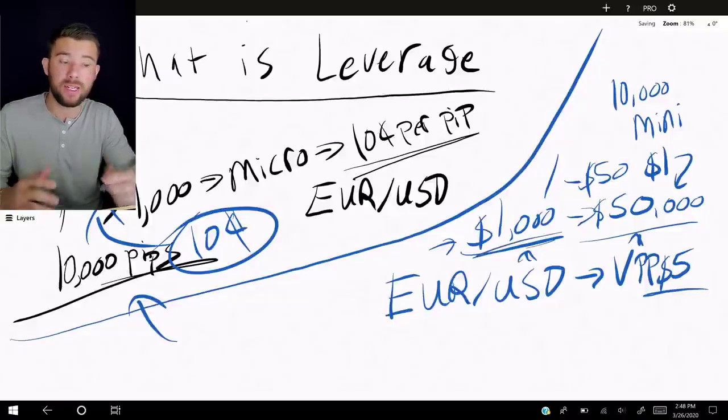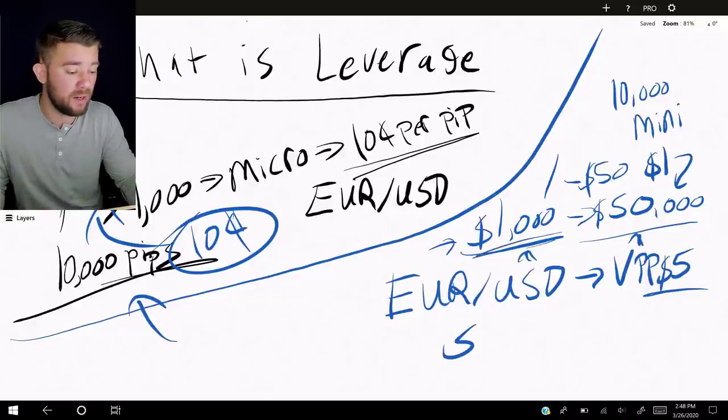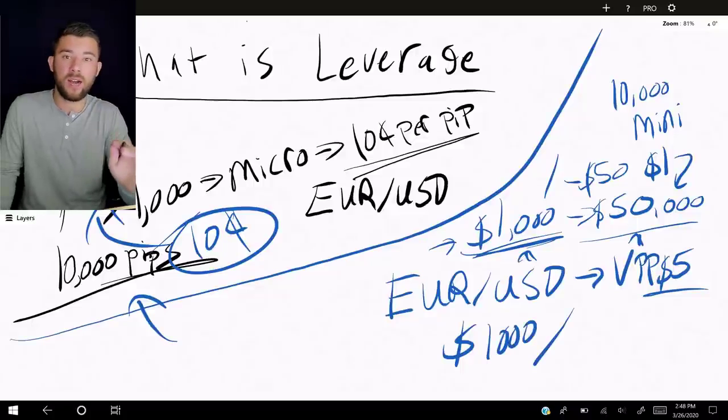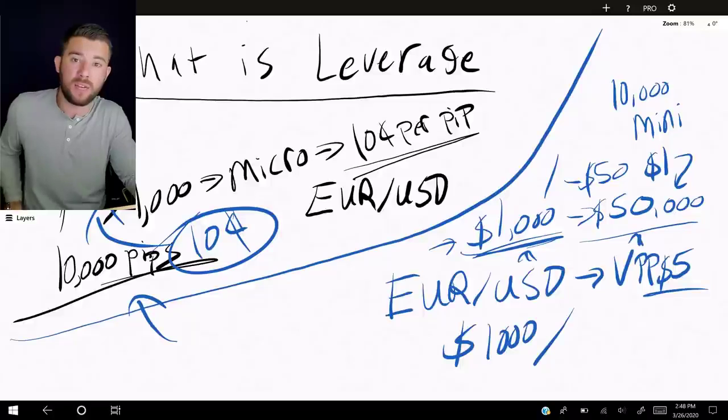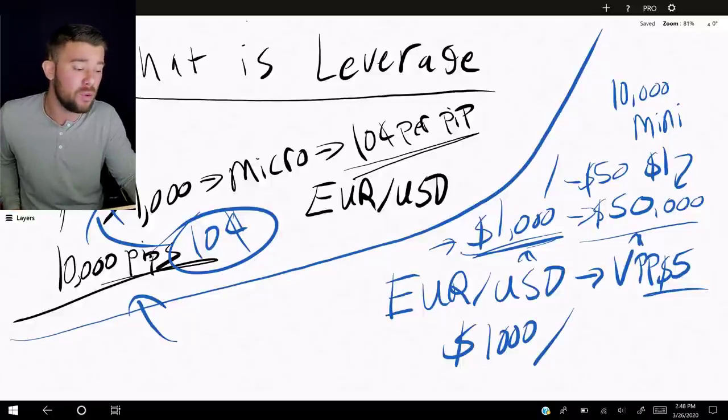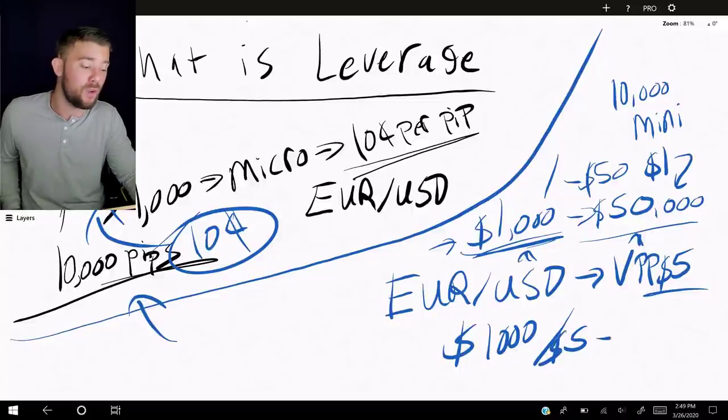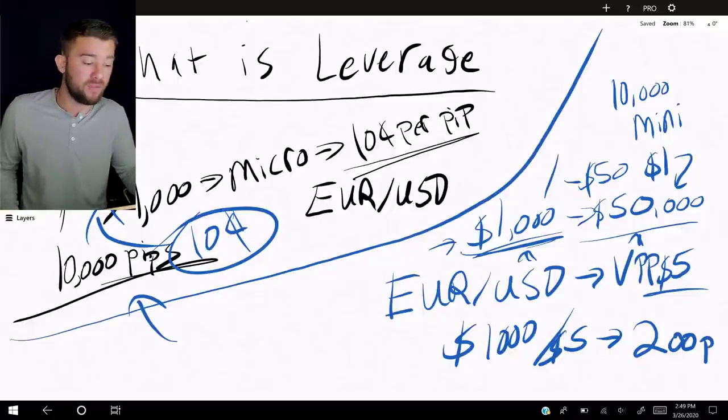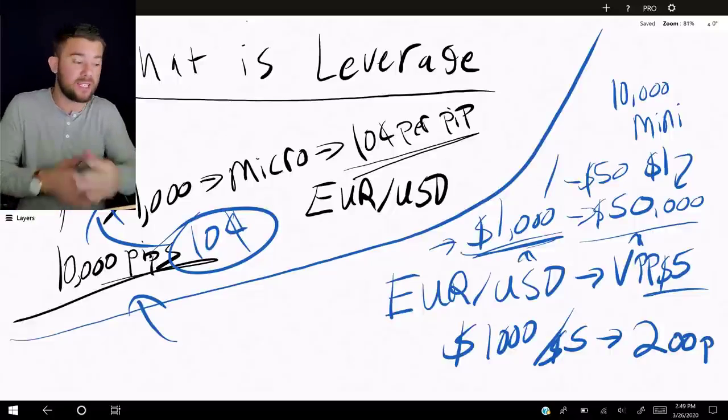So now what we need to do is take your account balance of $1,000, because again, they're not going to allow you to lose more than $1,000, and divide by $5. Let's finish the math. That means you only have 200 pips, because 200 times 5 is $1,000. That takes your account away.